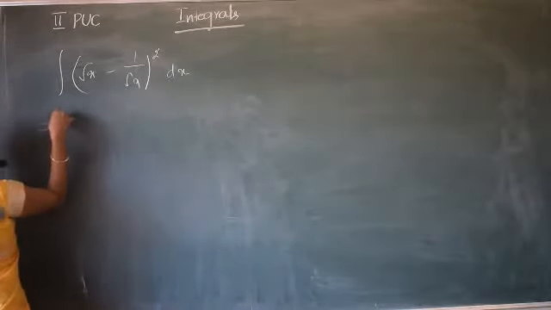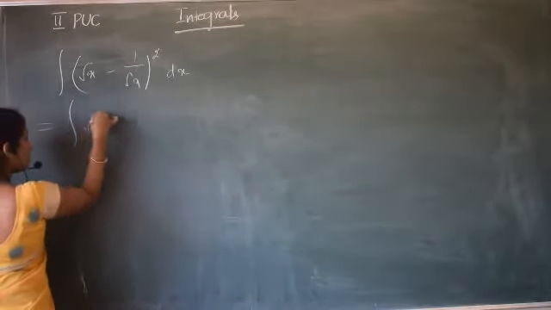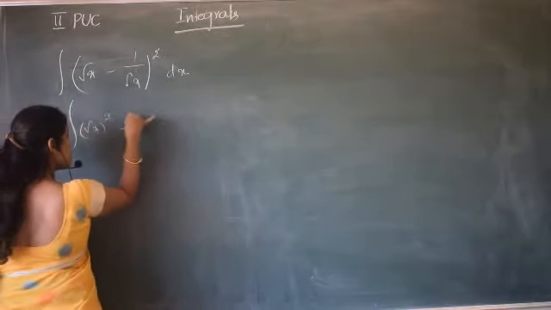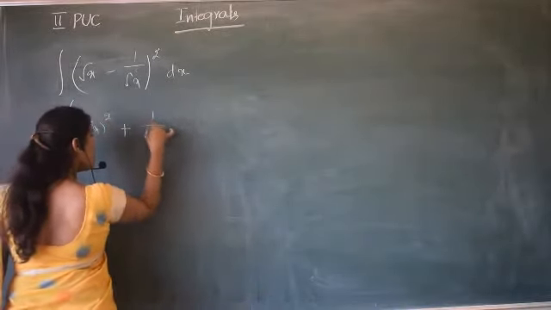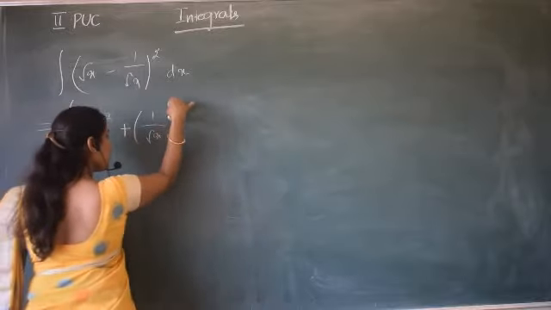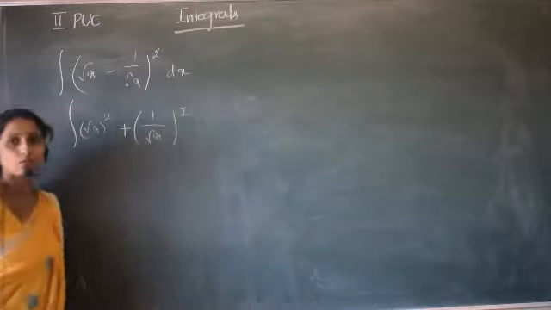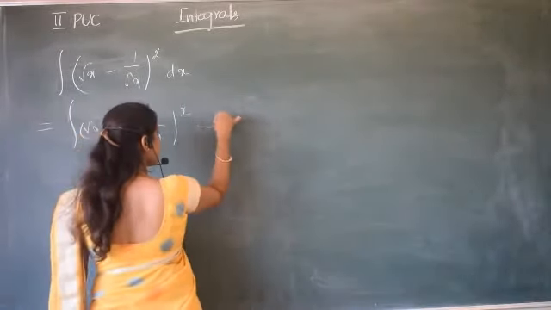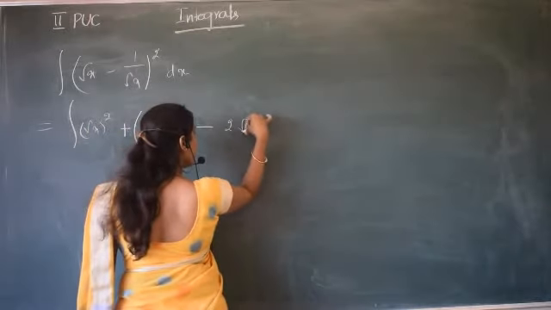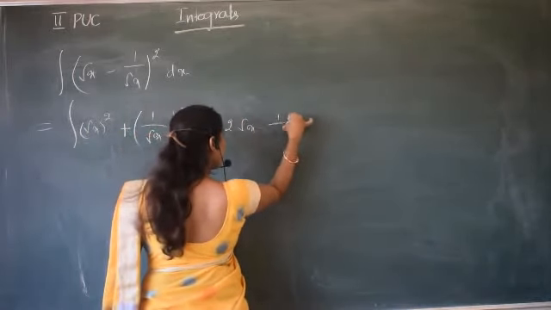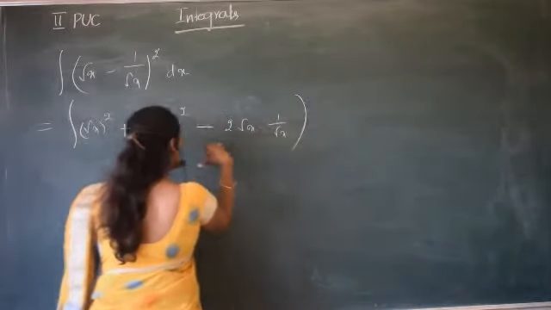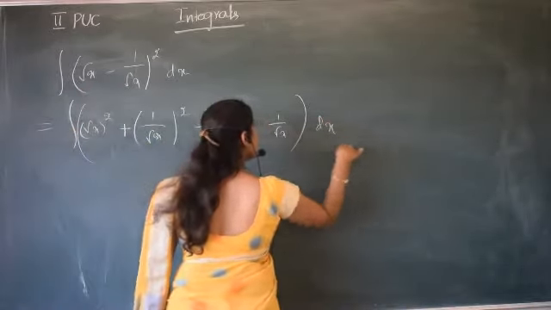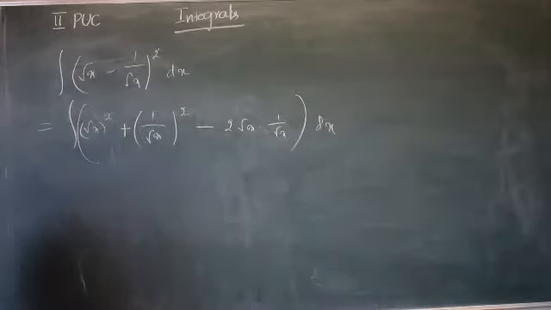So this will be equal to integral of root x square plus 1 by root x square, a square plus b square, minus 2 into a into b, whole thing into dx. A minus b whole square formula.